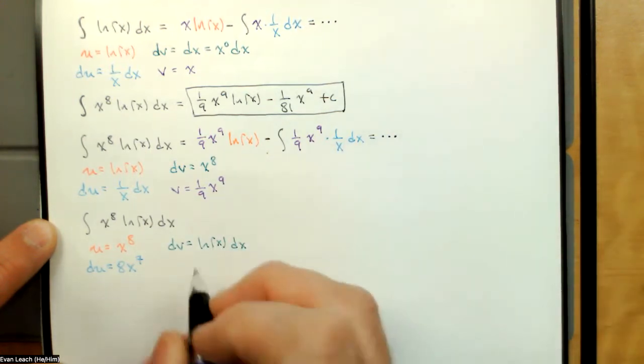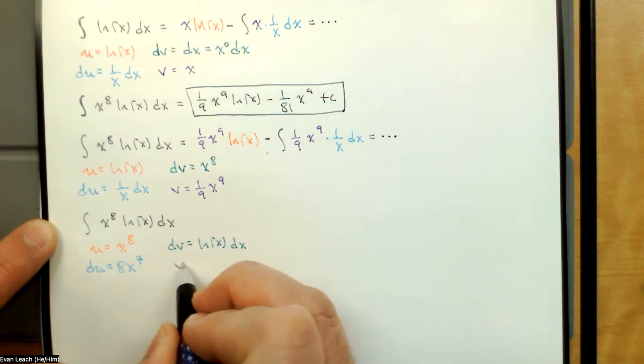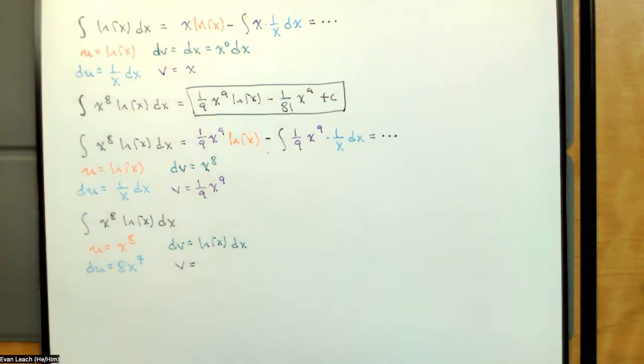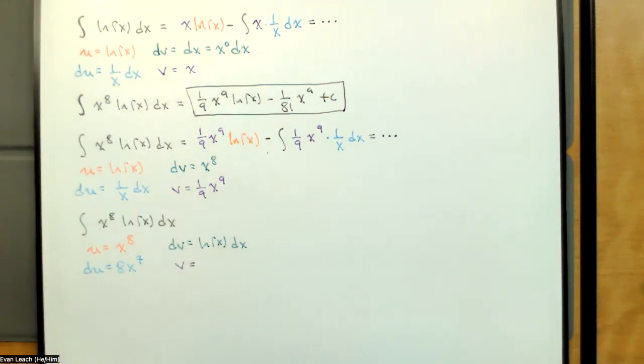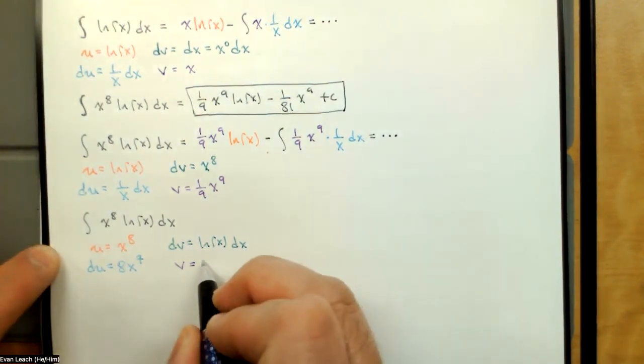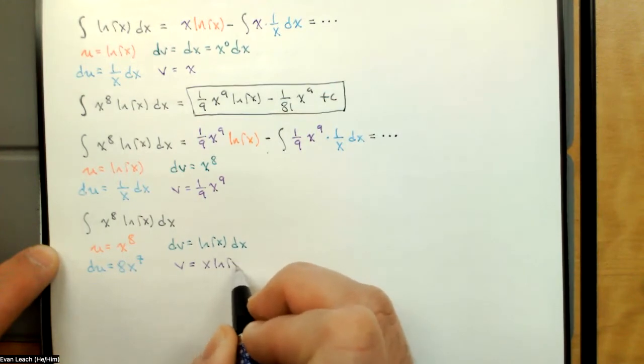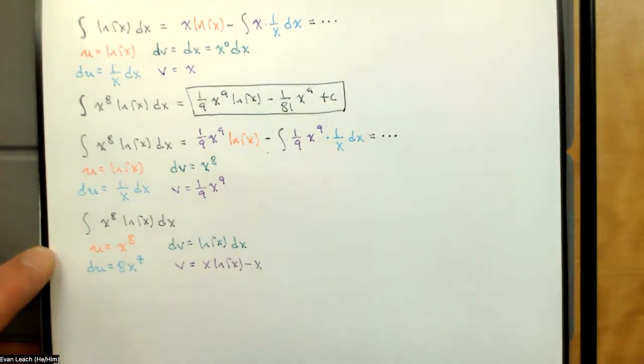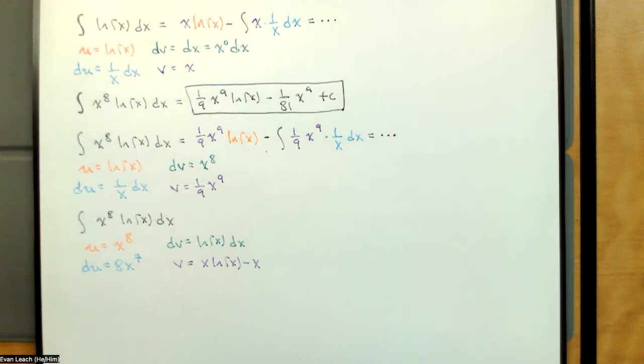Because at this point in our mathematical careers, we now know what the antiderivative of natural log of x is. And that's my one rule for deciding what's your dv. Now, this is going to get messy, but some good will come of it.